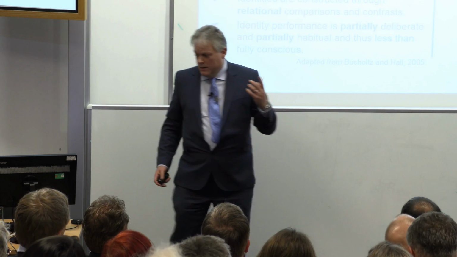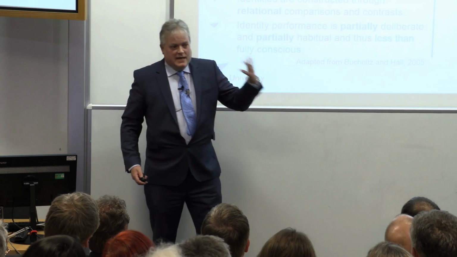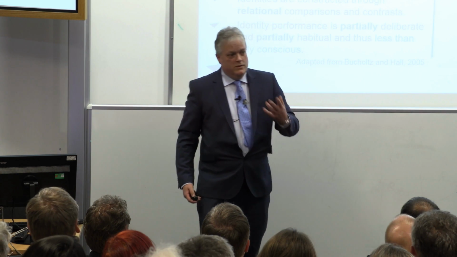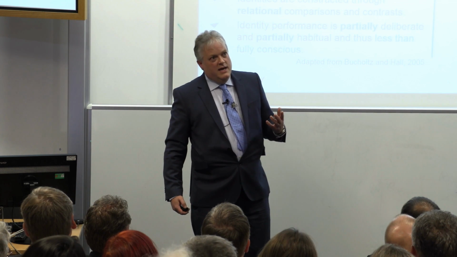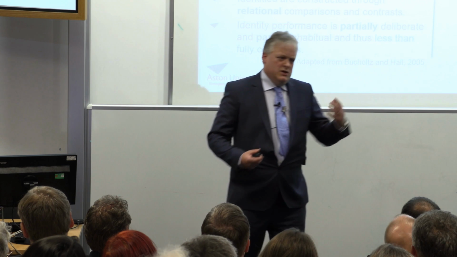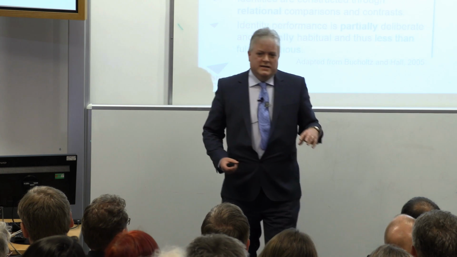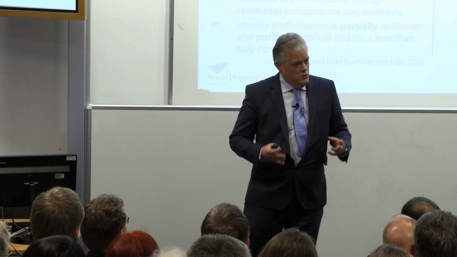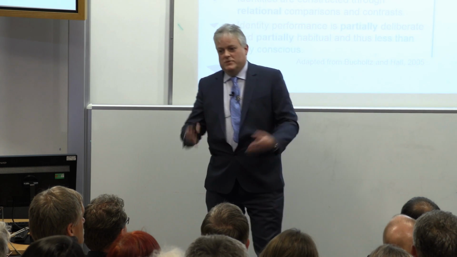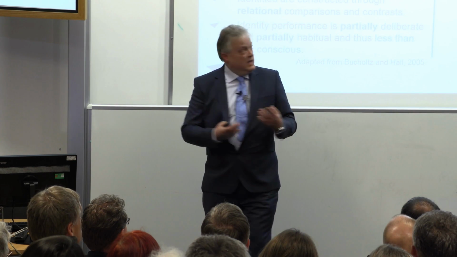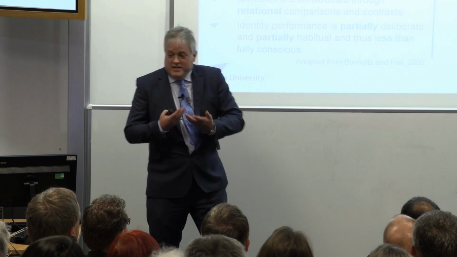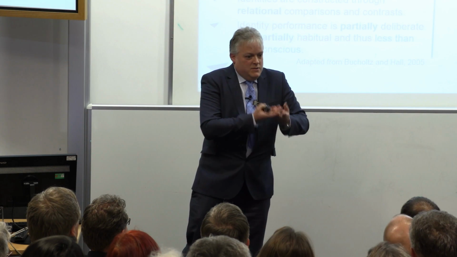The other thing that arises out of the Buchholz and Hall theory of identity is that identity isn't about who we are, it is about what we do. We do identity. Identity performance is an activity which we engage in. All identities are emergent from interactions. So it's something we do actively.